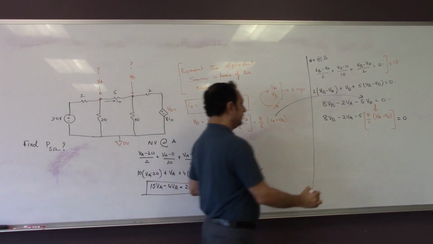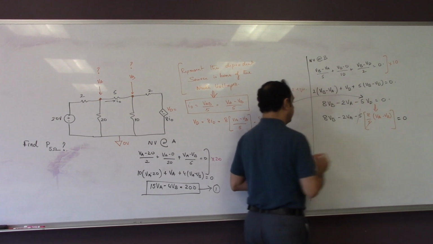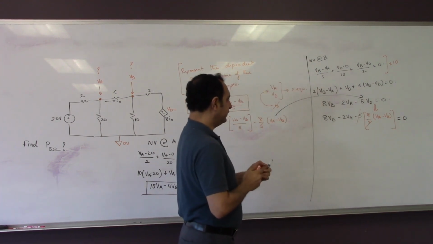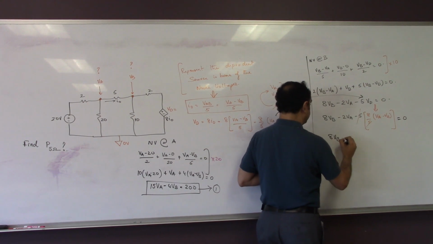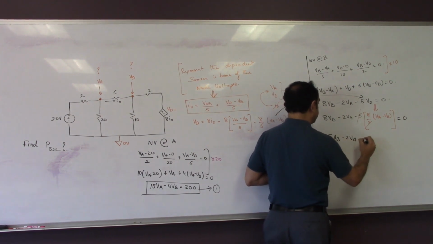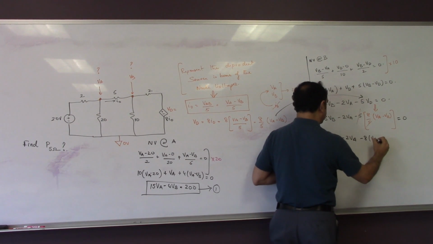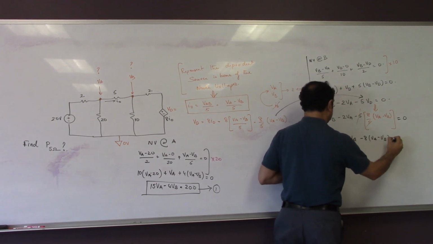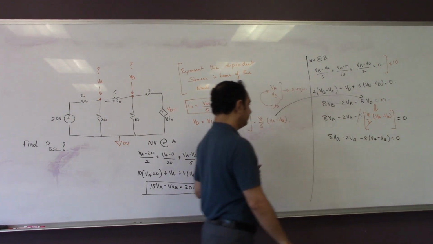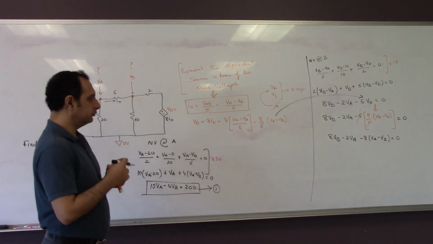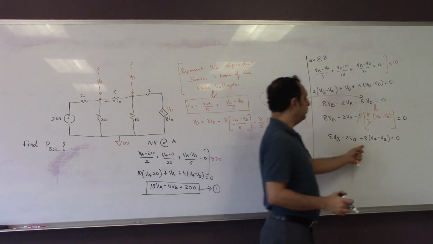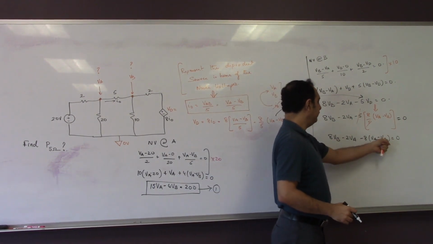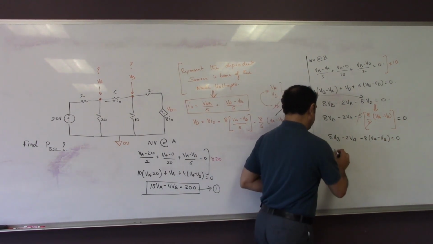The 5 and 5 cancel, so you'll have negative 8. So this will be 8 VB minus 2 VA minus 8 times (VA minus VB). Minus of minus will be plus, so that will be plus 8 VB and 8 VB, 16 VB.